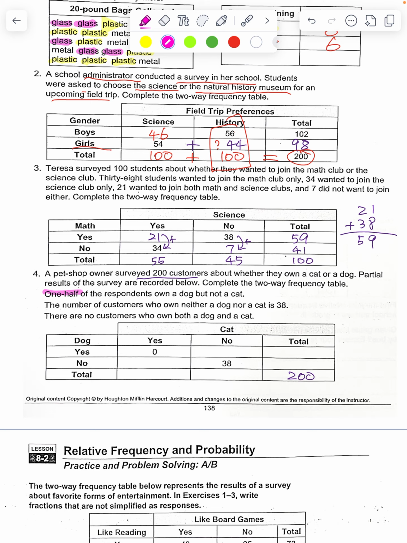Okay, one half of the people who get surveyed own a dog but not a cat. Okay, that's dog. So say yes to dog. So own dog but not a cat. So I should put that number here. Half, that means 100, right? Is that correct?